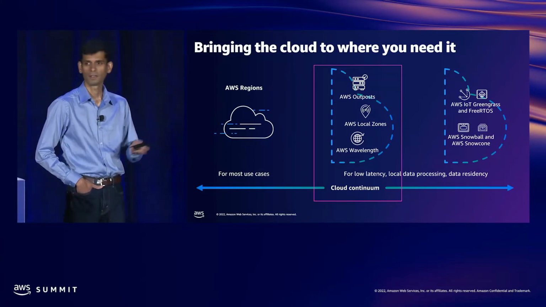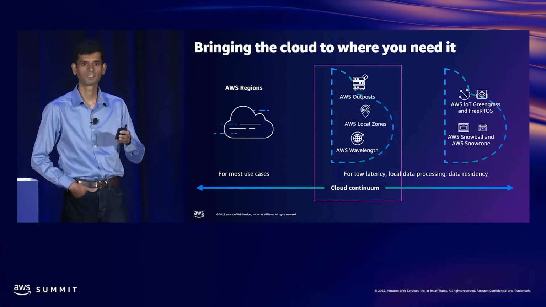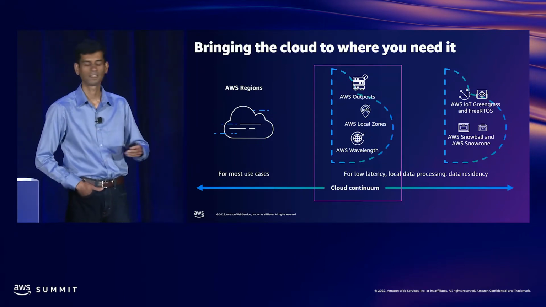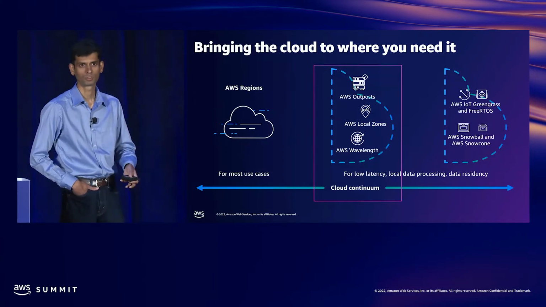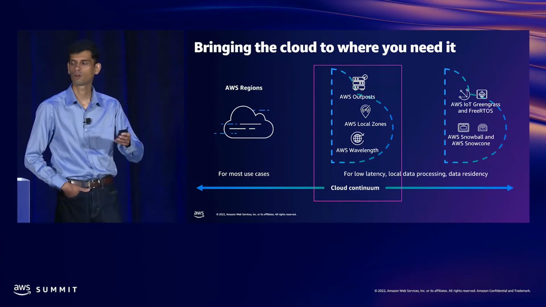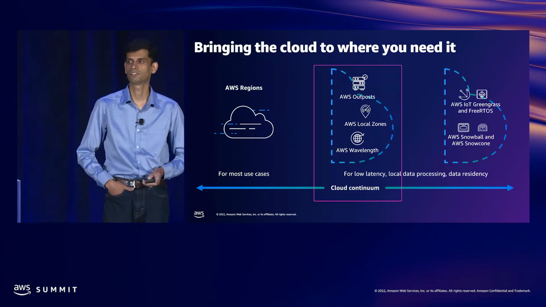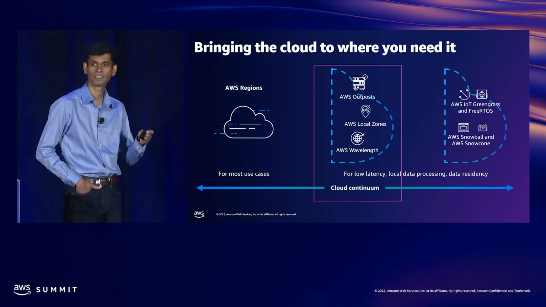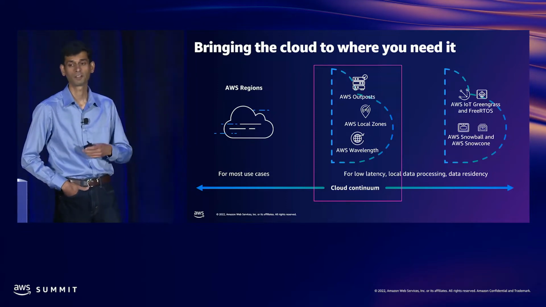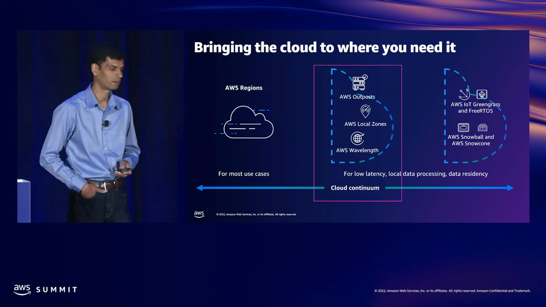AWS Wavelength provides similar services at telecommunication service provider data centers at the edge of 5G networks. And AWS Outposts brings those capabilities into your on-premises environments and co-location facilities. All these offerings are able to access the breadth of AWS services from your parent AWS region.